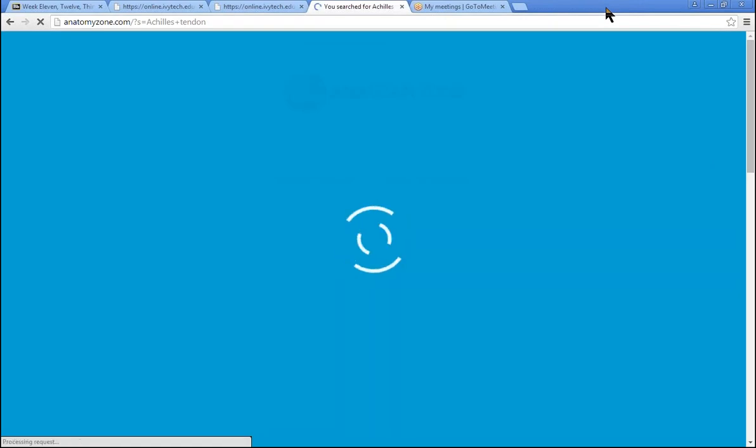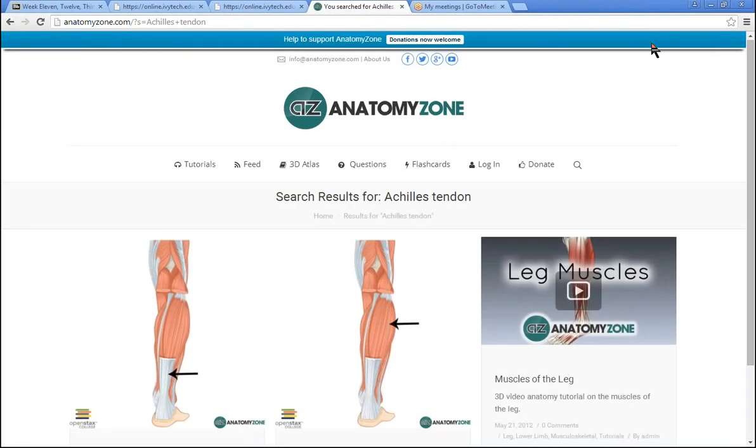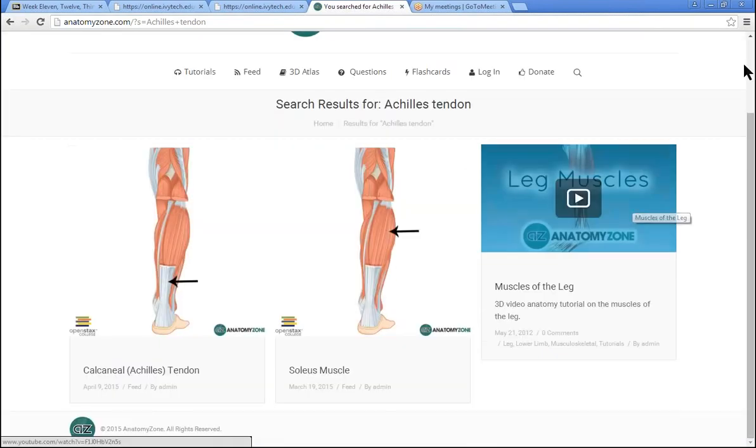I'm just looking up a video, see if we have information on the Achilles tendon. All right, let's see. Let's just take a quick look at these muscle pictures.